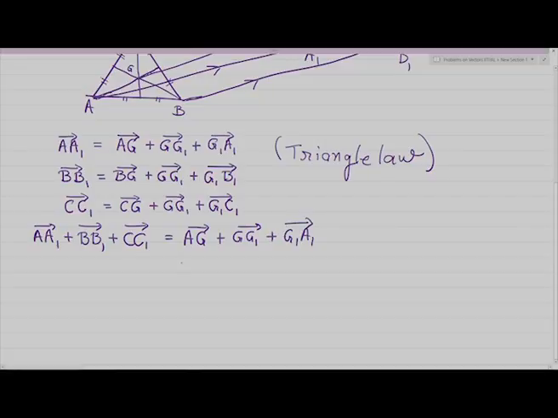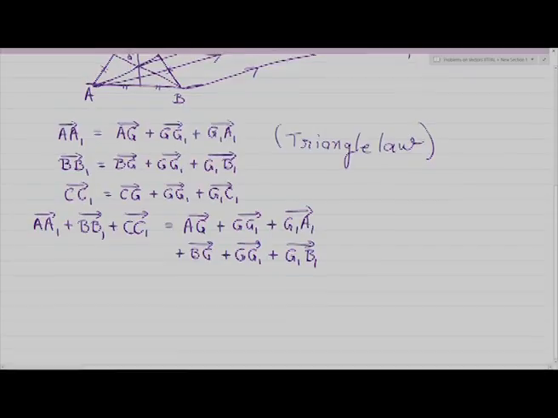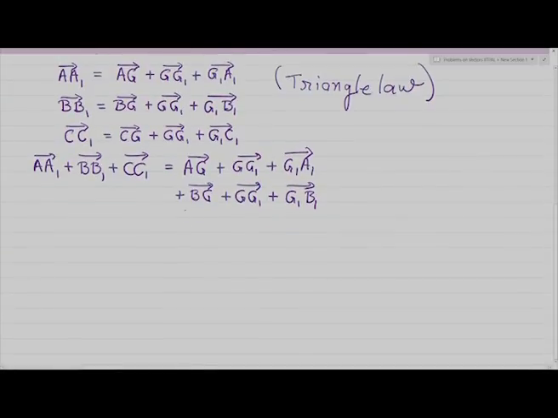plus, so I can write this in short, but let me do it in brief. So, BG bar plus G1B1 plus you have CG plus G1C1.